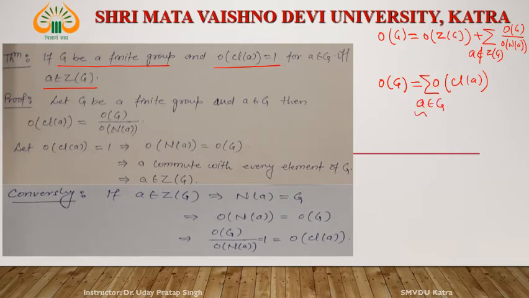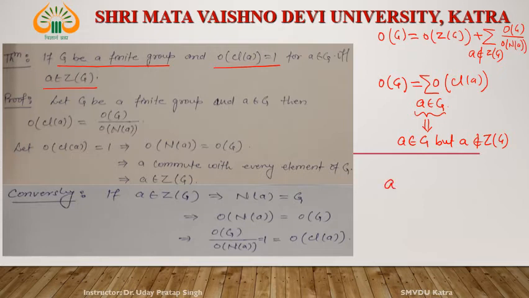Now in this A belongs to G, there are two conditions. Collect all the elements which belong to ZG and all the elements which do not belong to ZG.